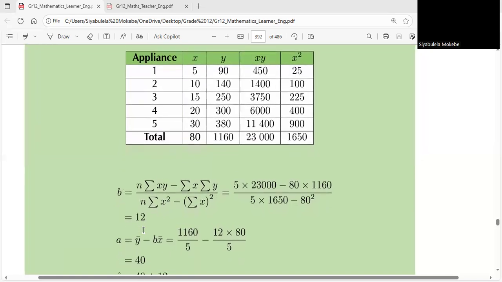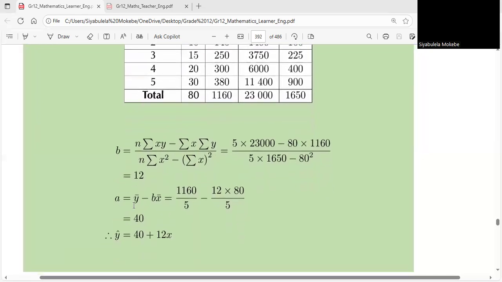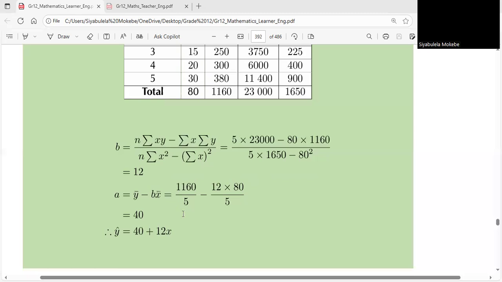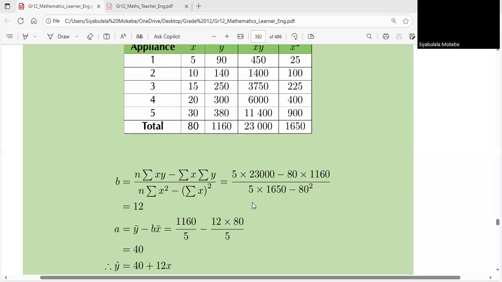Right? So we have A is equal to Y bar minus B X bar. Our Y sum is 1160. Remember what Y bar means: it tells us that this is the mean of Y. You sum all those numbers, then divide by the number of items you have.